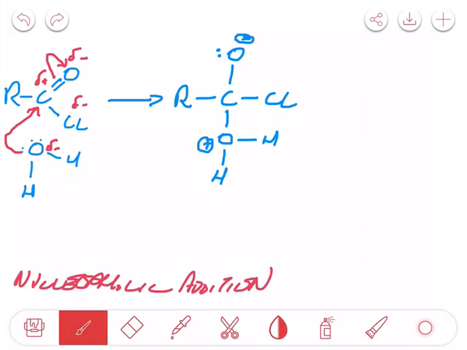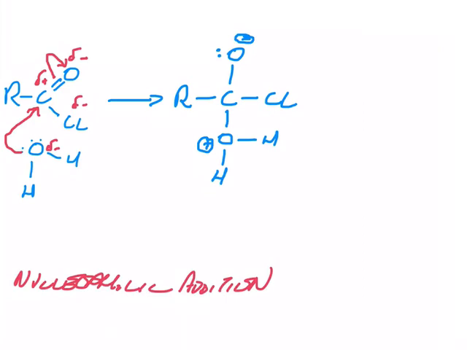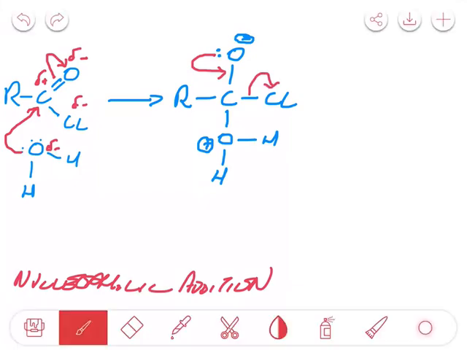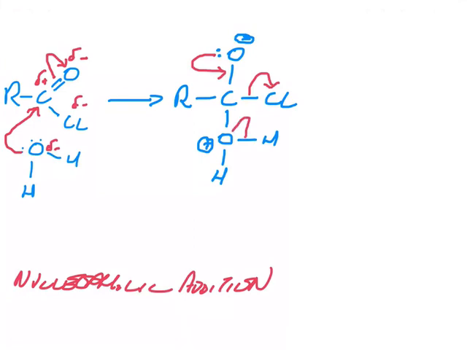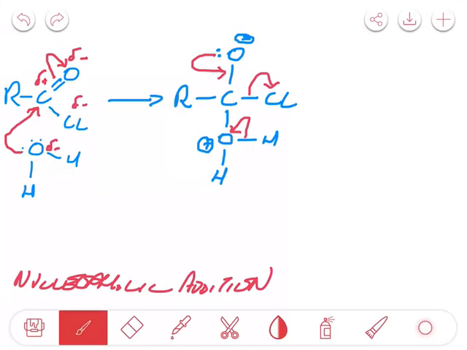And what we now need to do is have a look at what happens next. There are 3 arrows that you would need for 1 mark here. So there's one from there to there, which reforms the carbonyl. We lose our chlorine. Now we know we always lose our chlorine, and we know that we always lose a hydrogen. So the hydrogen pair of electrons go back onto there, which then gives us our final product.